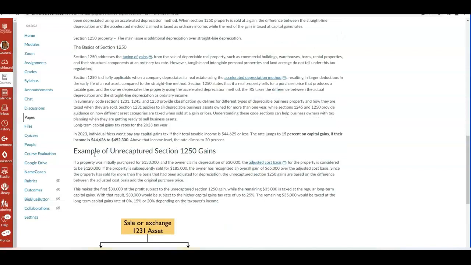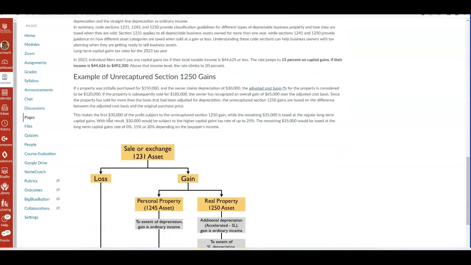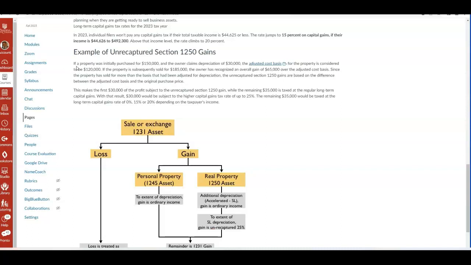So let's look at an example here. If a property was initially purchased for $150,000, so far so good, the owner claims depreciation of $30,000, assuming straight line, not accelerated.